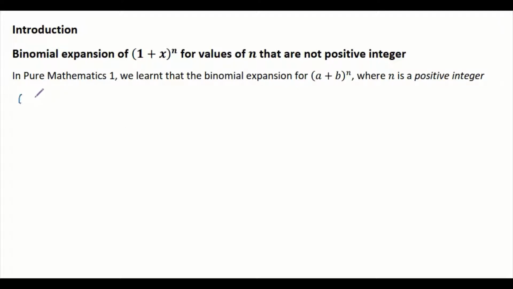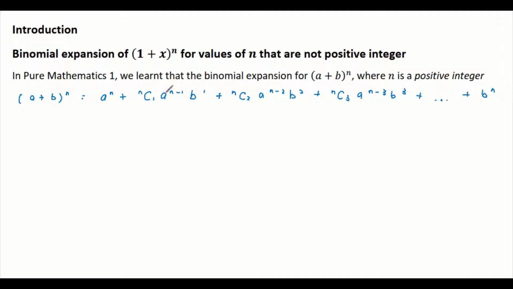What you have learned previously in P1 is a plus b to the power of n. When you expand it, you will get a to the power of n plus nC1 a^(n-1) b^1 plus nC2 a^(n-2) b^2 plus nC3 a^(n-3) b^3, and it will continue up to b^n.